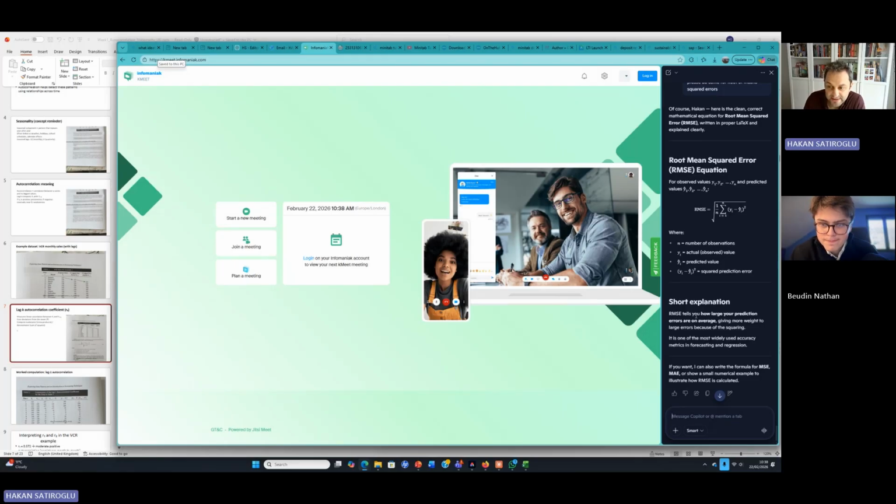So this one tells how large your prediction errors are on average, giving more weight to large errors because of the squaring. I made some statistics using absolute, but sometimes absolute is not great, so I'm going to use a root square.